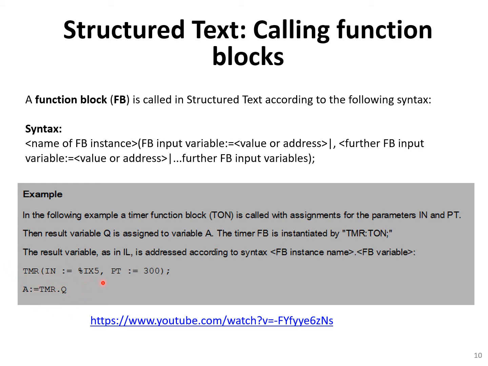So once the timer is done, Q will be true and A also will be true. Once IN becomes false, the output of the timer Q also goes false and A becomes false. Please watch this video for further examples and instructions.